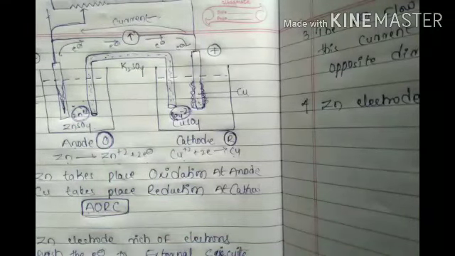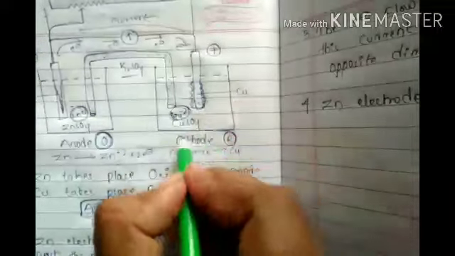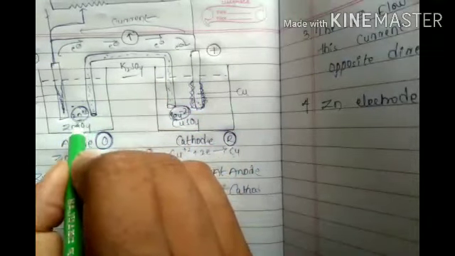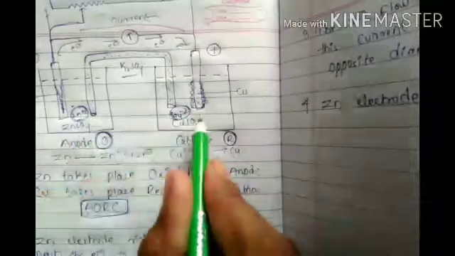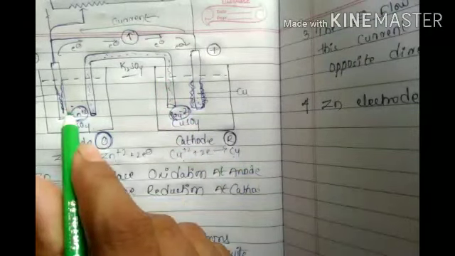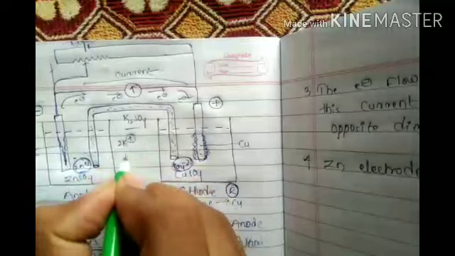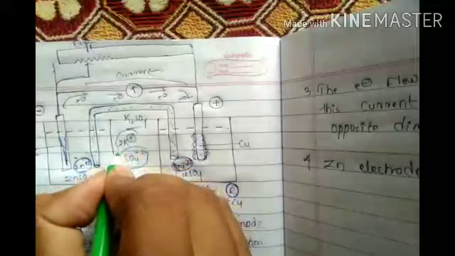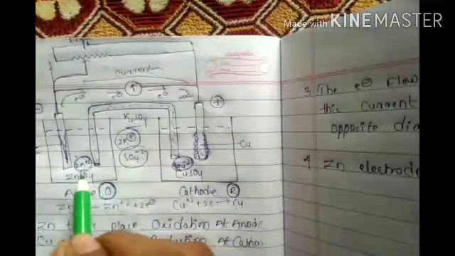Okay? So at that time what is happening? What will the salt bridge do? It is exchanging the ions. SO4 2- will come this side, and it becomes ZnSO4. Otherwise, here K2SO4 will supply 2K+ and SO4 2-. Now the 2K+ will go this side, and SO4 2- will come to this side.